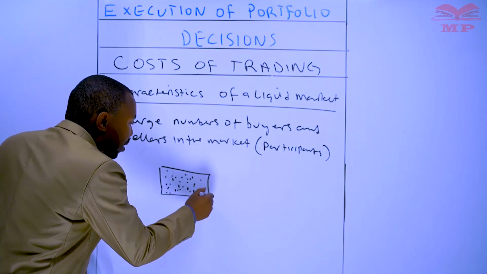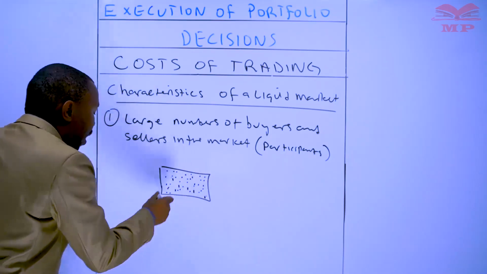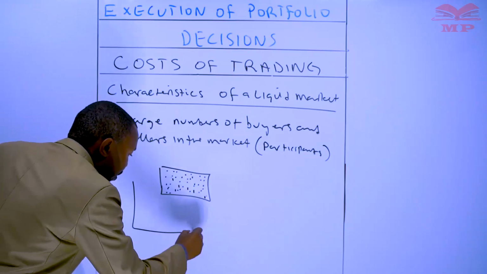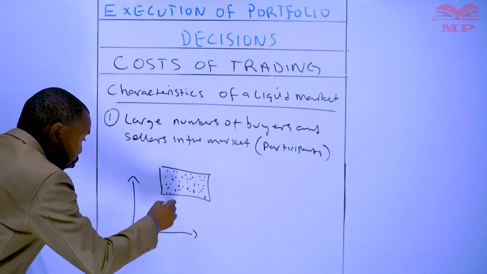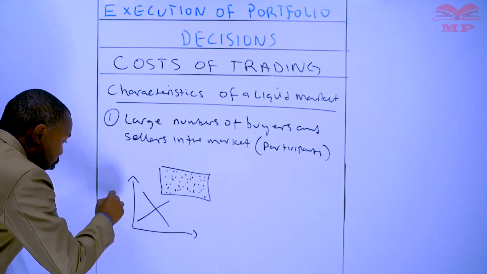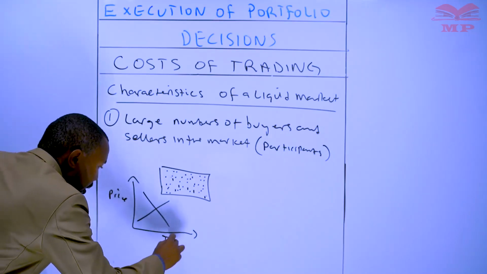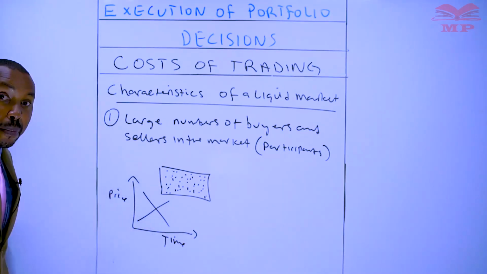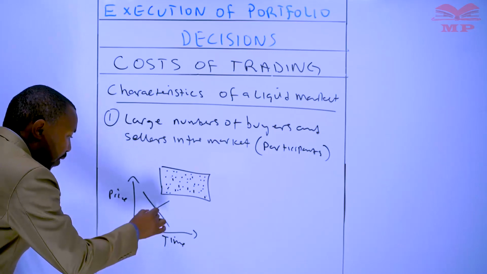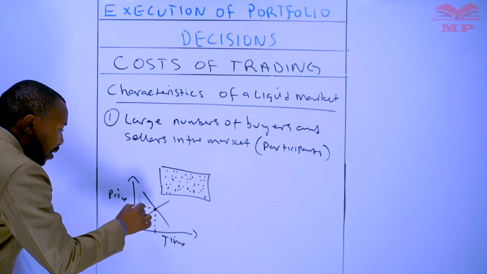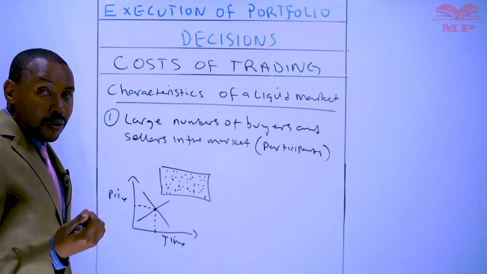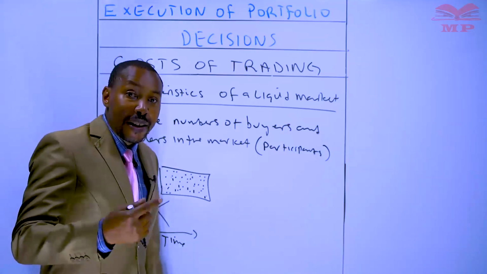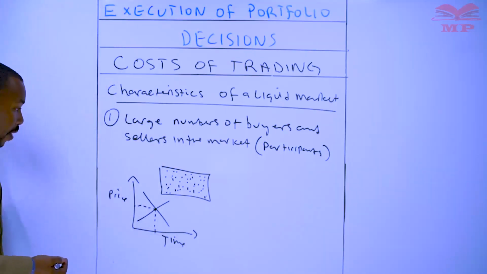The prices of securities or the prices of assets are going to be dictated by this common graph that you know. This is, of course, price. This is time, demand and supply curve. And there is this equilibrium price that is going to be arrived at, the price at which both buyers and sellers agree that they'll be able to actually trade the security.